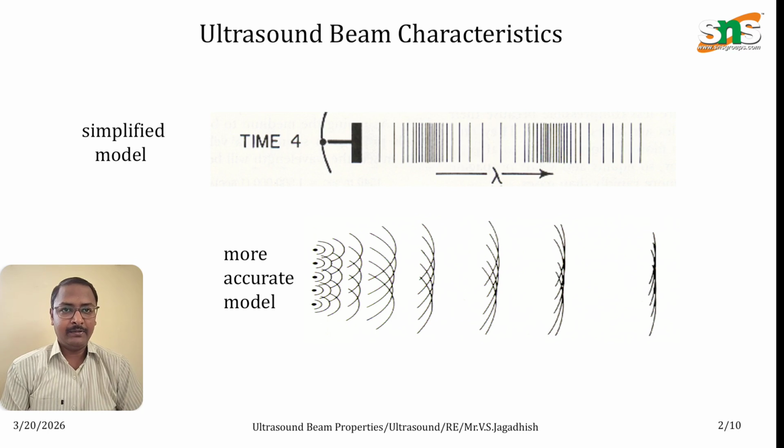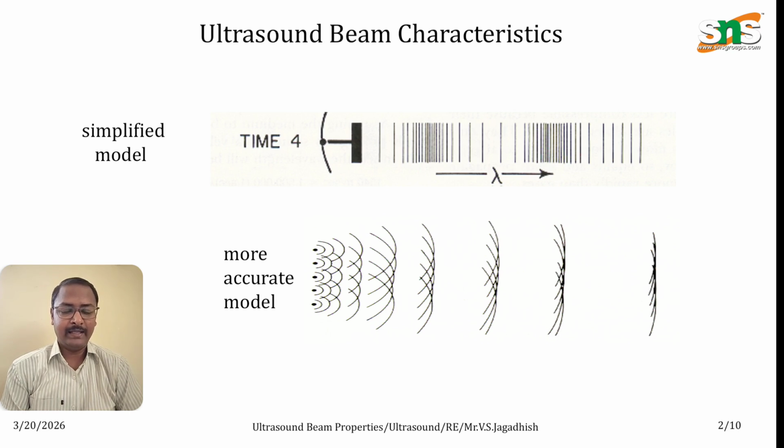In the accurate model, which you see on the screen, there are 4 dots, and each dot represents a piezoelectric crystal. Usually ultrasound transducers will not work with a single piezoelectric crystal.